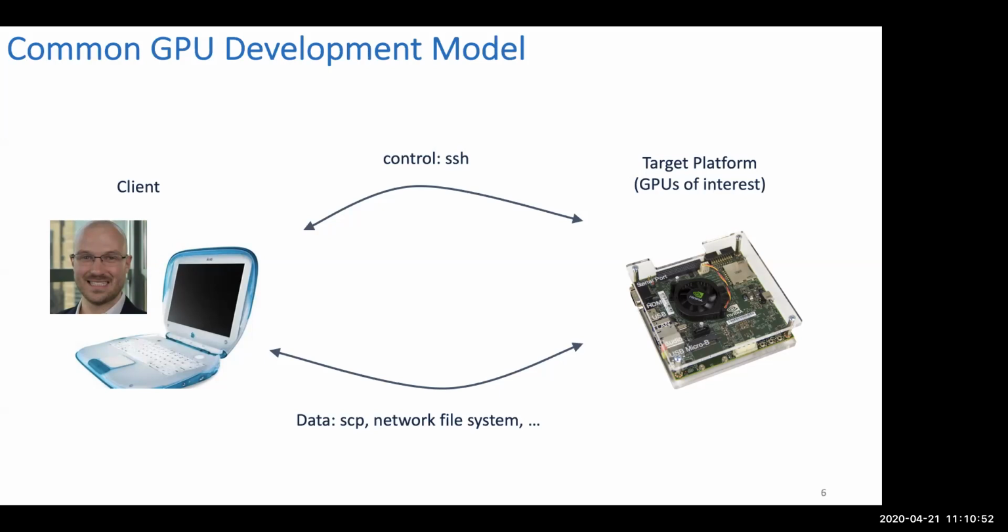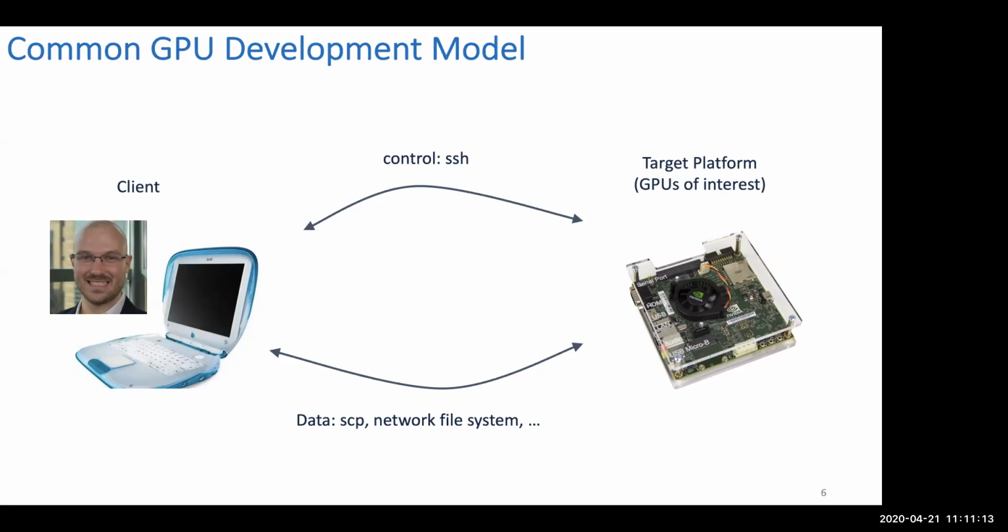Basically, I'm making numbers up, but we want a 5-watt GPU on the edge, whereas our laptop could support a 15-watt GPU. So the performance characteristics of the GPU on the target platform are very different from those of the GPU that may be attached to your laptop.